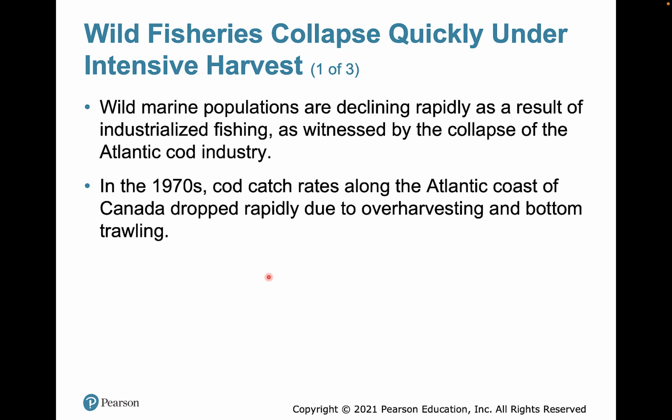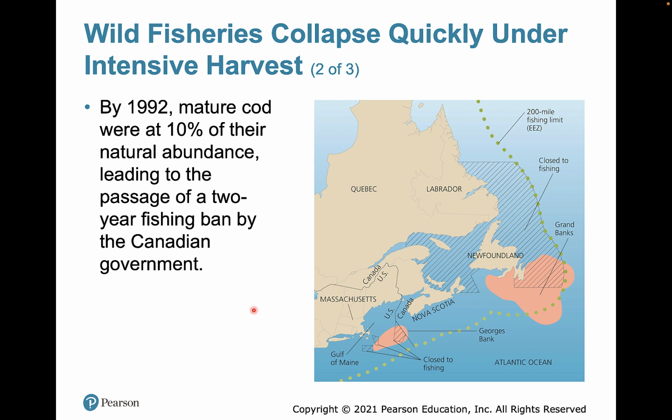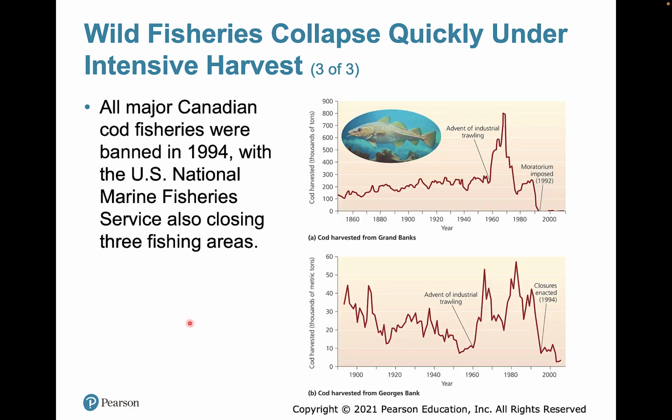They did a lot of bottom trawling, which destroys the benthic habitats that the cod tend to inhabit. So by 92, they closed all of these areas to fishing. And the cod species are coming back, but not very well. All cod fisheries were banned.